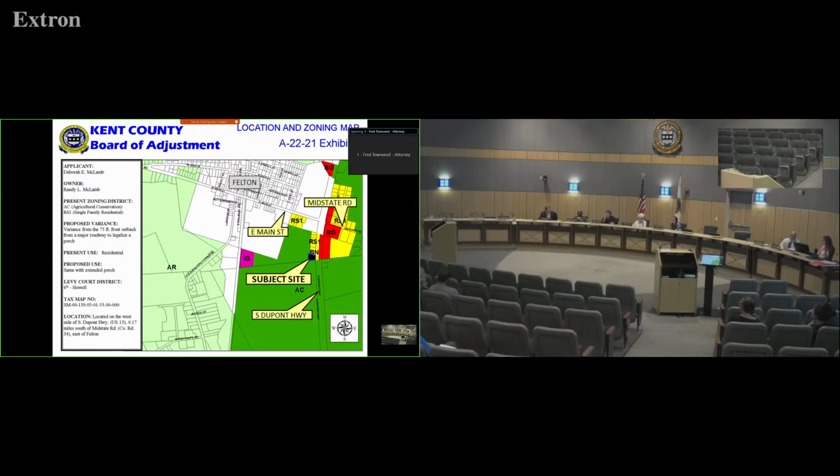And so on one side, it appears as though everything's good, and on the other side, they're a little bit askew. And also, to me, the house itself is a little askew, which is very typical of many properties in Kent County, probably throughout the state, but that's how it tends to be.